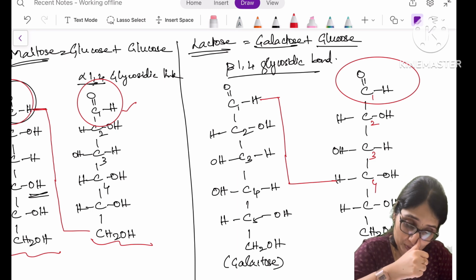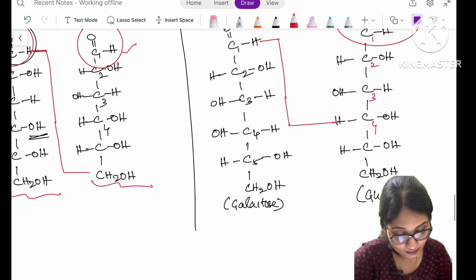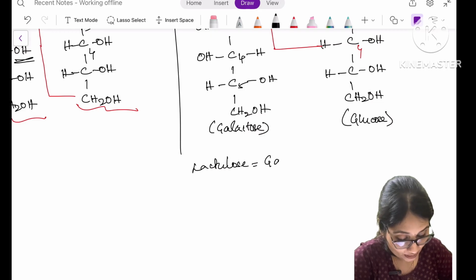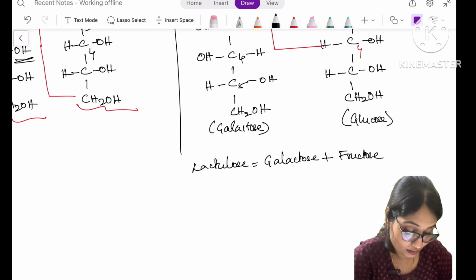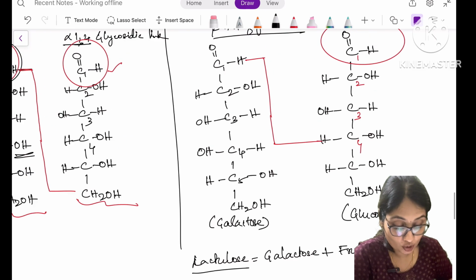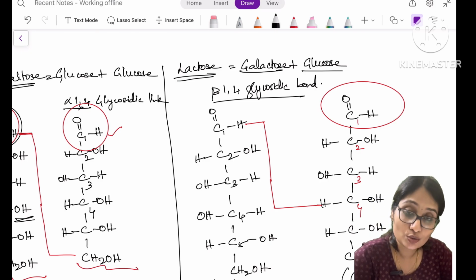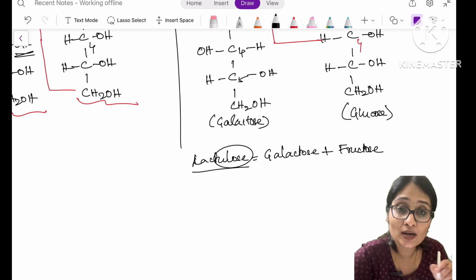Okay, so this is about lactose, and lactulose is in some way different. Just remember, lactulose is a combination of galactose and fructose. Lactose is simply a combination of galactose and glucose, but in lactulose you can see the suffix ulose.